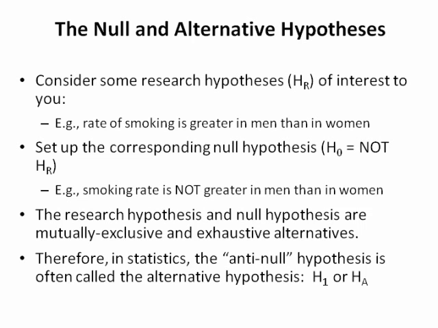No difference between the groups. The research hypothesis and the null hypothesis are mutually exclusive and exhaustive alternatives. So in statistics, the anti-null, the opposite of the null hypothesis, is called the alternative hypothesis. And we'll use H sub 1 or H sub A to indicate the alternative hypothesis.